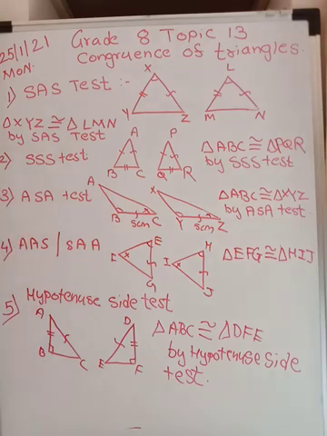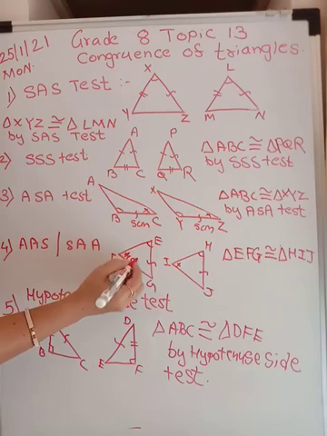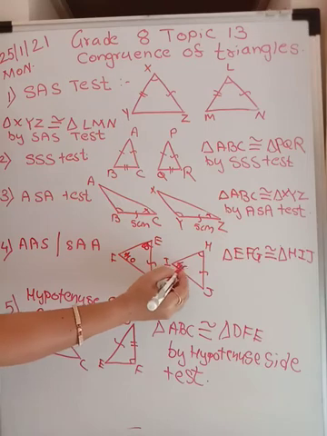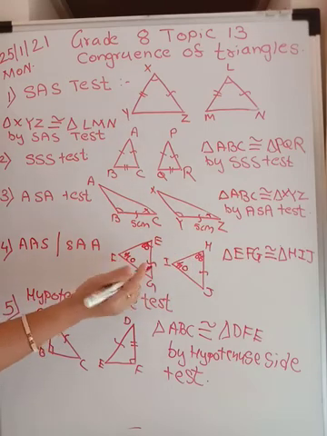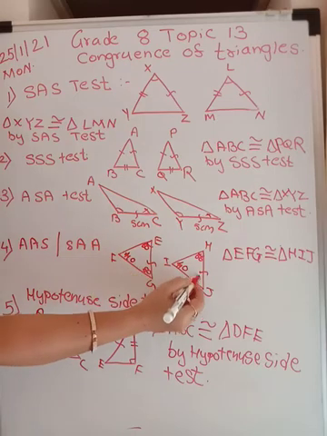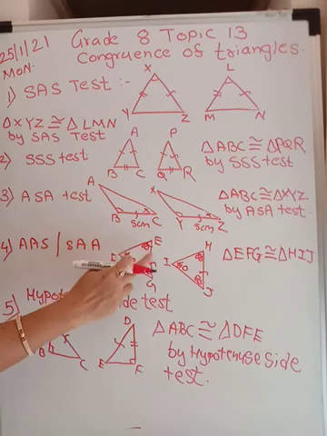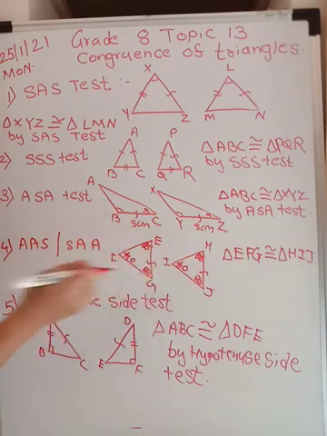Now why this is similar to this, I will just tell you. For example, two angles are already congruent. Alright, so for example, if this angle is of 40 degrees and this angle is of 60 degrees, then accordingly this will be of 40 and this will be of 60. How much is 60 plus 40? 100. So this will be 80 and here also it will be 80. So automatically three angles are becoming equal. So as it is 60 and 80 over here, 60 and 80 over here, and this becomes the included side again.